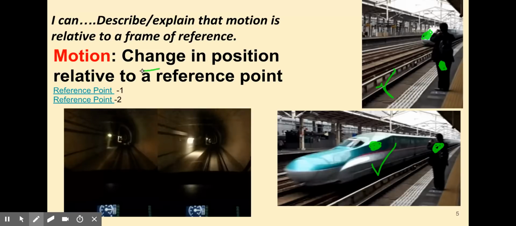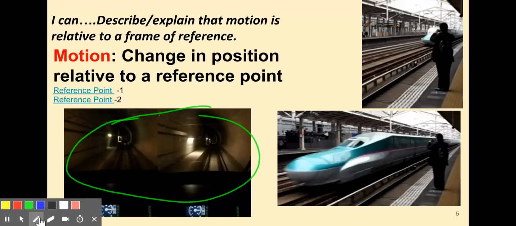That's a change in position relative to a reference point. You have to have a reference point from which to determine if motion has occurred. In this one down here, we have the light far away, and now the light is closer. Relative to the light, the train has moved. It was in motion.